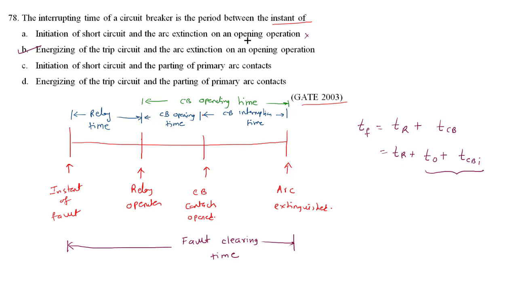So this is nothing but the circuit breaker time. If you read the third, initiation of short circuit and parting of primary arc contact, it is not the breaker time. Energizing of trip circuit and parting of primary arc contact, that is the circuit breaker opening time. What is asked? The interrupting time of a circuit breaker. So this is nothing but the total interrupting time.